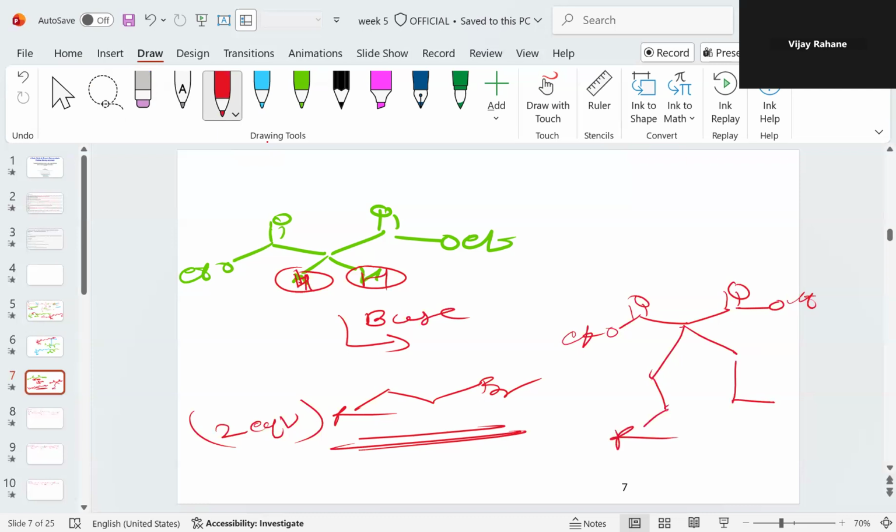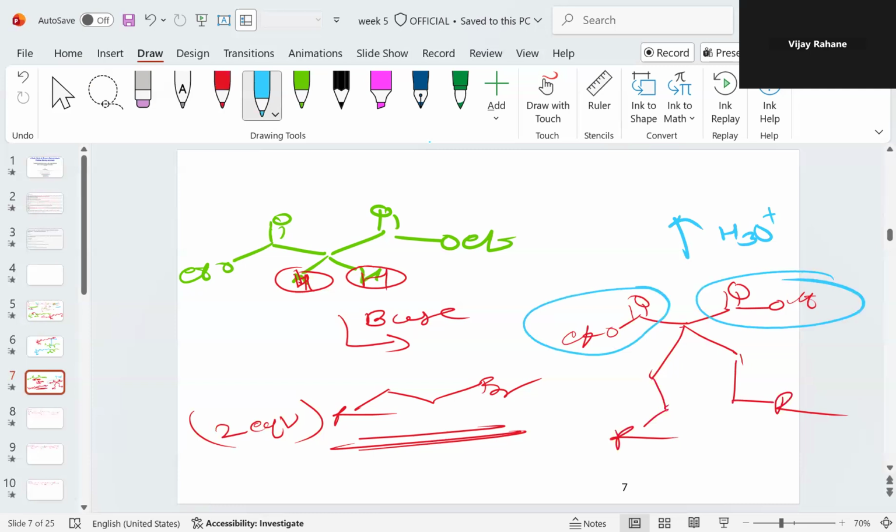These R groups, right? And a further utility of this reaction is that if we do the hydrolysis, this group can directly convert into the acid group, and one of the acid groups we can also remove. By this manner, we can get the extended chain.